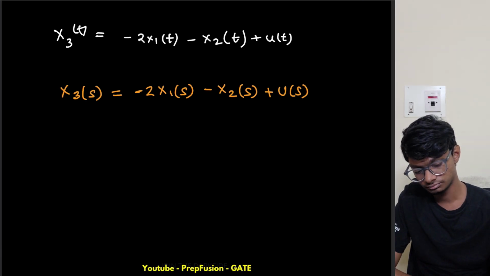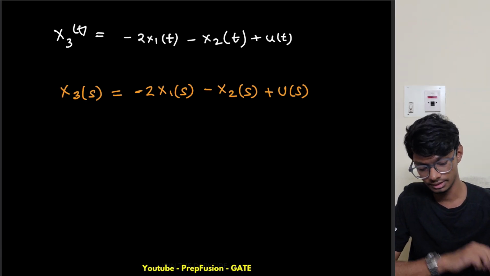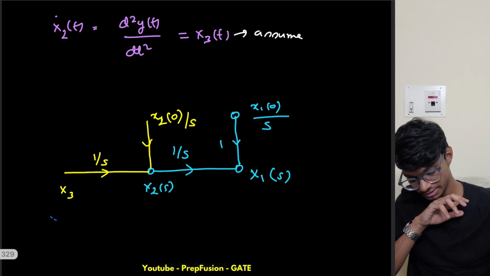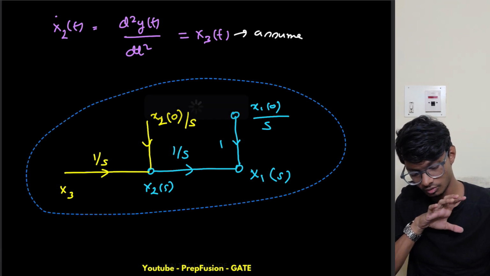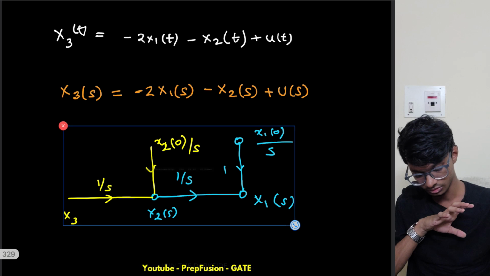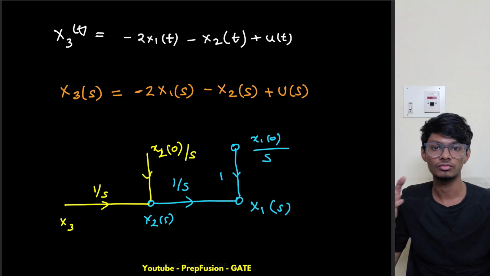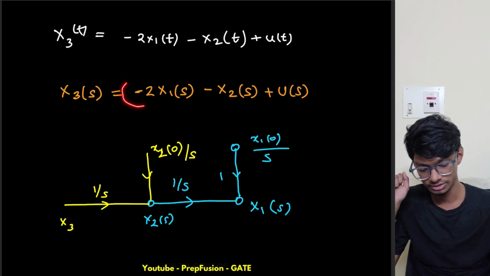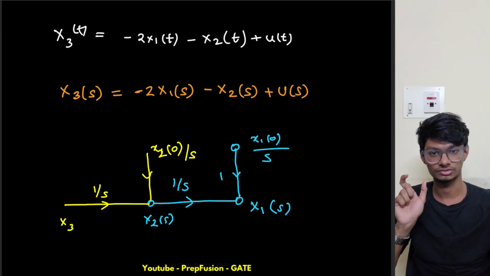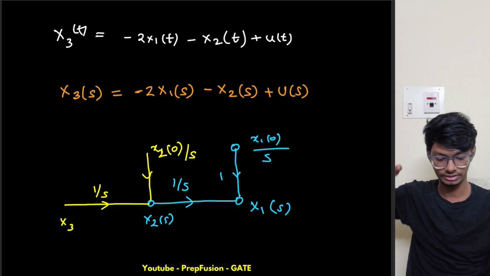So now again modify this state diagram. Again we have a cause-effect equation, right? A cause-effect relation here. So this x3, how are we getting the effect? Due to this, we are multiplying by minus 2x1, like we are providing it minus 2x1.